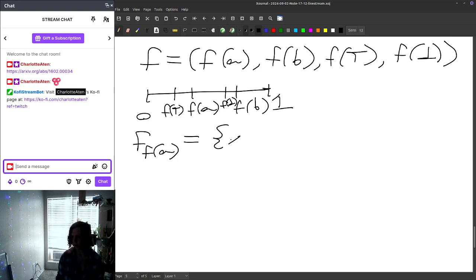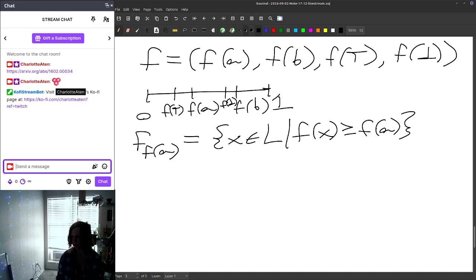Because f of a is supposed to be a number between 0 and 1, so we're perfectly within our rights to ask what is the set of all things in our lattice so that f of x is greater than or equal to f of a. That seems like a reasonable thing to explore. And, well, certainly we know that a is in here, right?